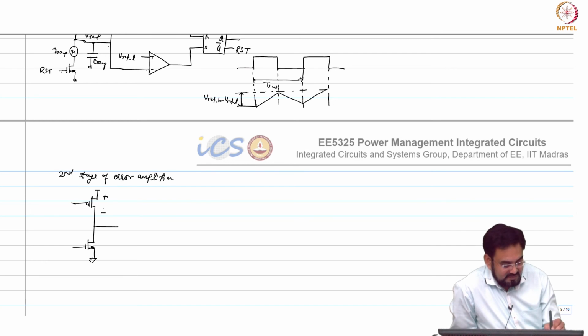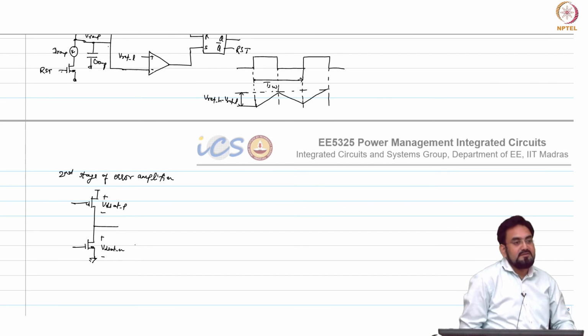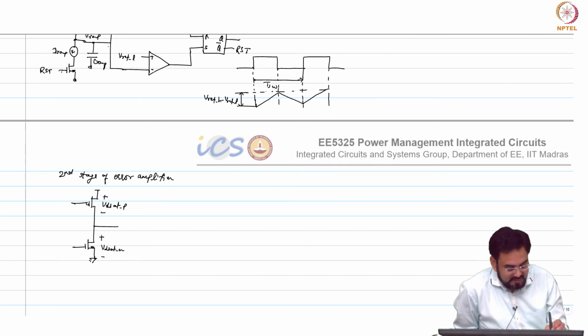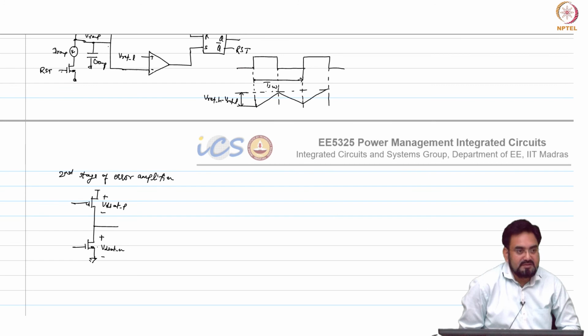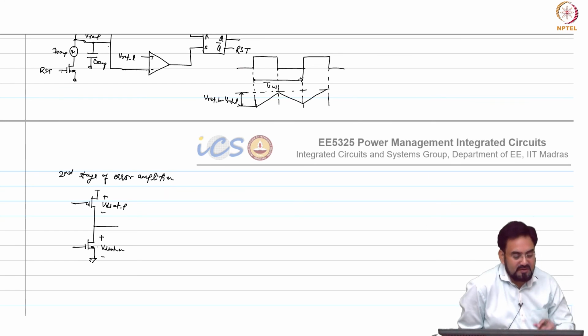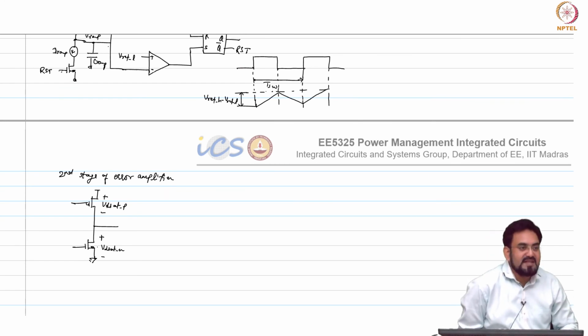So it has some VDSAT, VDSAT P and VDSAT N. Even if it is, let us say, 100 millivolt, you can go as low as 100 millivolt, or on the higher side you can go as high as VDD minus 100 millivolt.